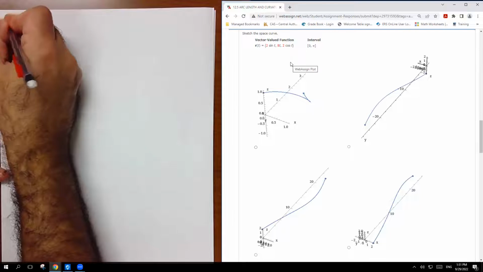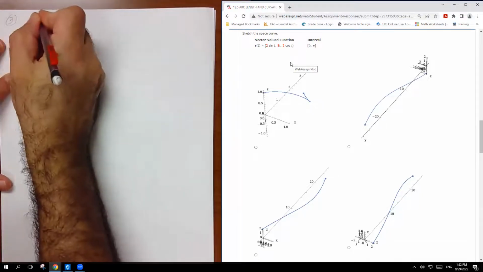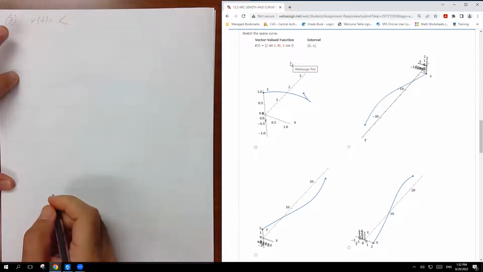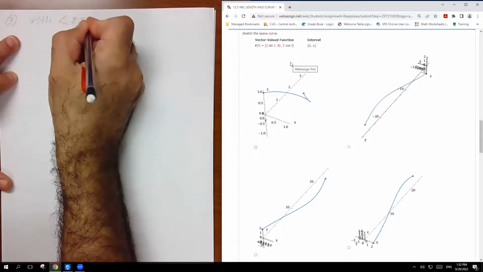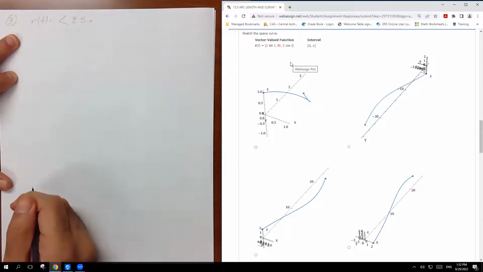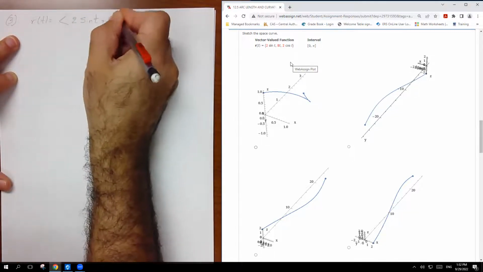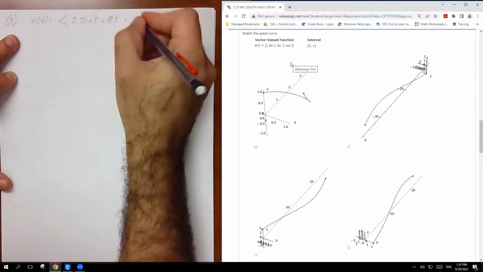So the third one, we have r of t equal 2 sine t, 8t, and 2 cosine t.